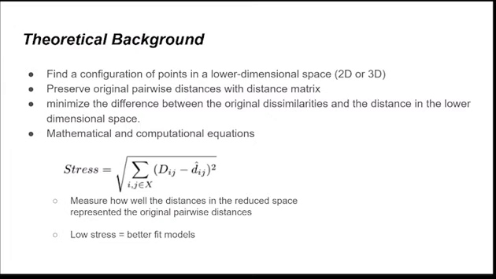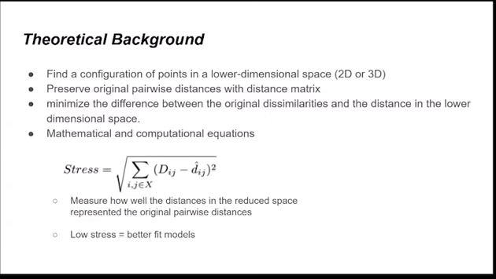Using a pairwise distance matrix from our data set, we aim to find a new data set in a lower dimension where the pairwise distances of the new matrix are very similar to the original matrix.